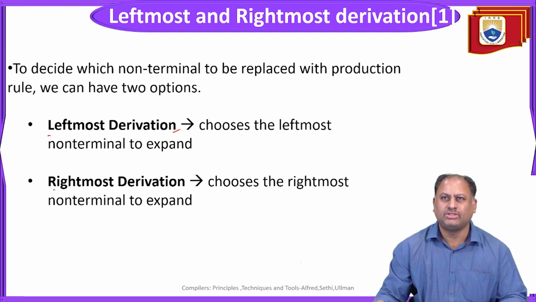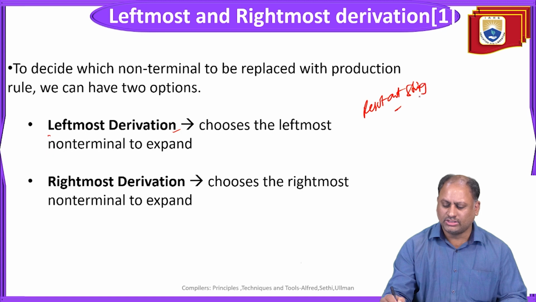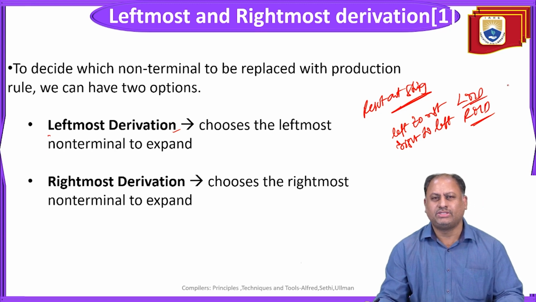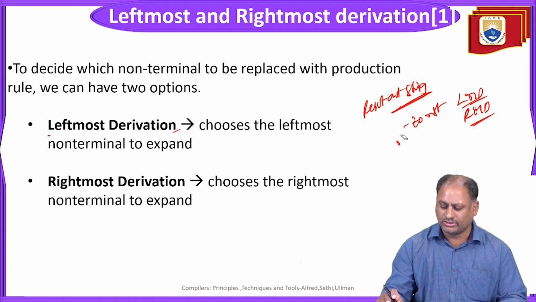So in order to get the resultant string, we may replace non-terminals either left to right, which is a leftmost derivation, LMD, or right to left, which is a rightmost derivation. So there are two types of derivations: one is leftmost derivation and the second is rightmost derivation.